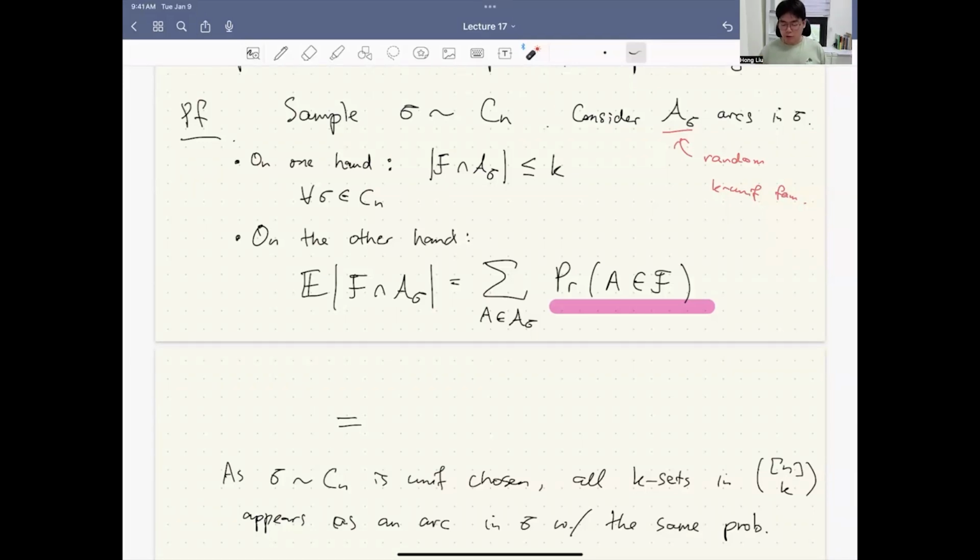I was thinking whether I should write actually F in F, then the probability F is in A sigma. I think that's equivalent.